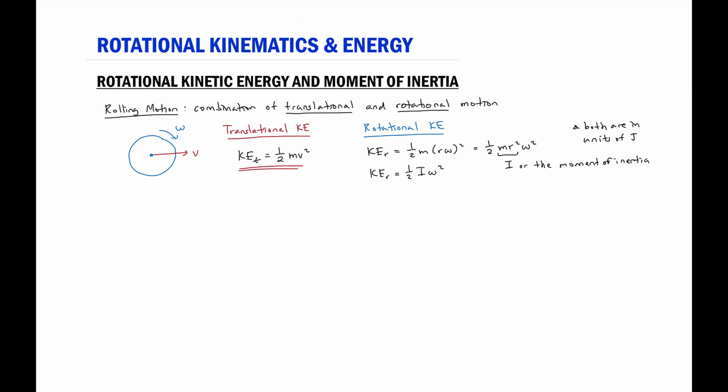So we have 1/2 mv squared for translational kinetic energy, and 1/2 I omega squared for our rotational kinetic energy.